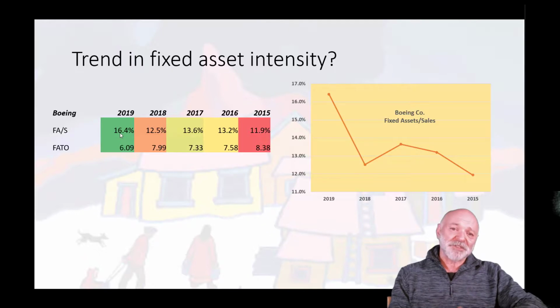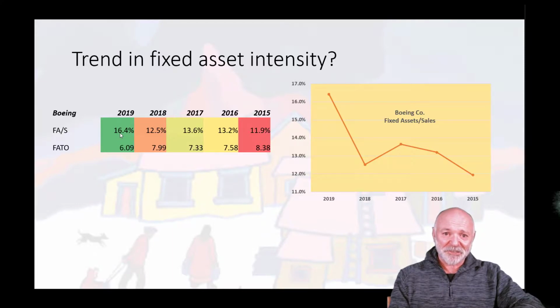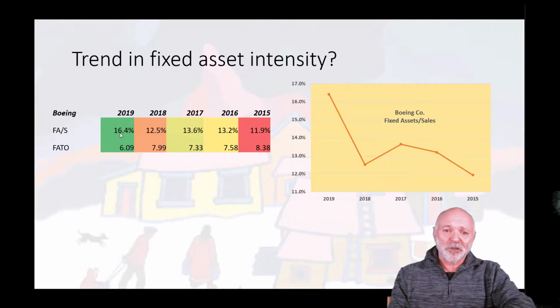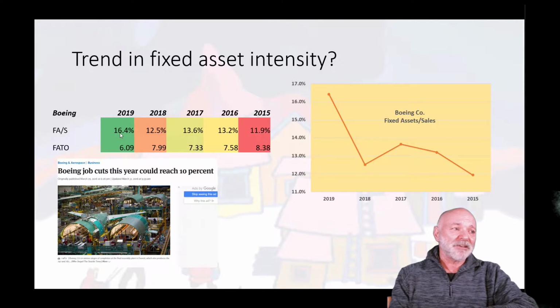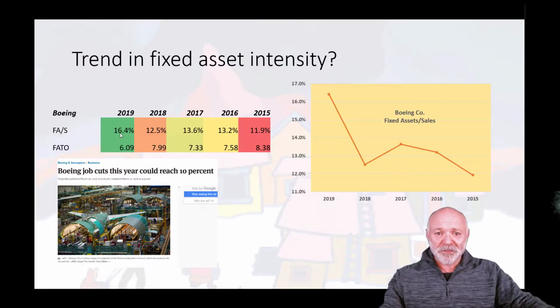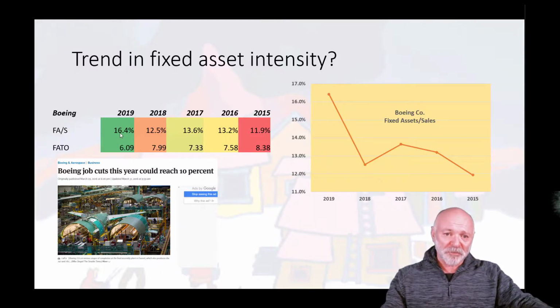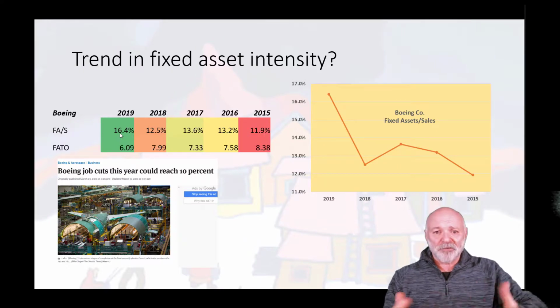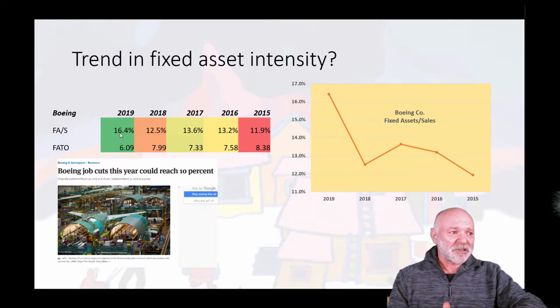So that's why we see the fixed assets to sales intensity rising, despite Boeing's plan to reduce their fixed assets. Of course, they will do other things to try to improve the situation, cutting jobs in their own factories, and that helps us to reduce some of the costs of the business. But of course, in a business like Boeing's, they can't really write off all of the assets just because they've had a bad year.